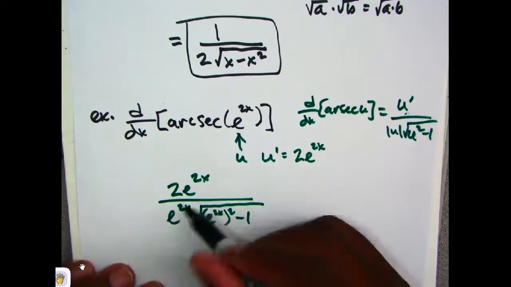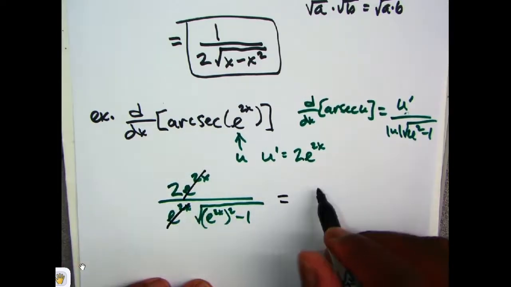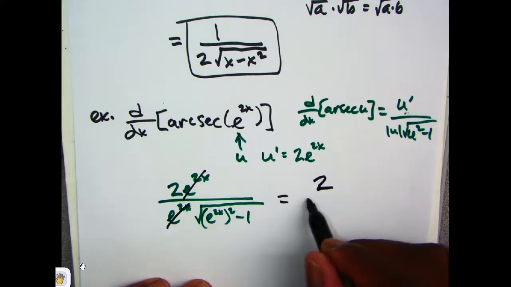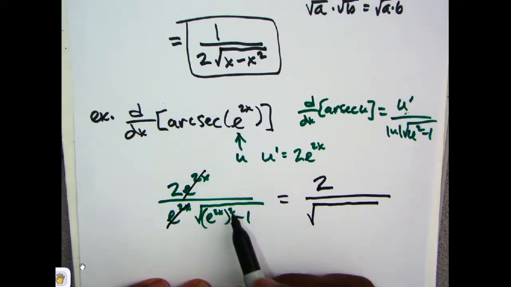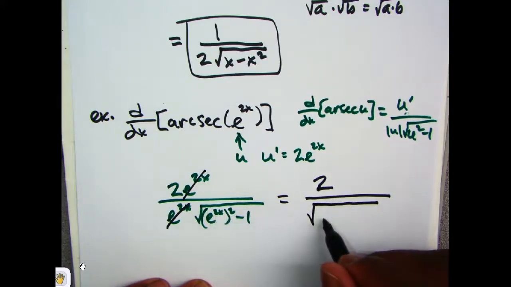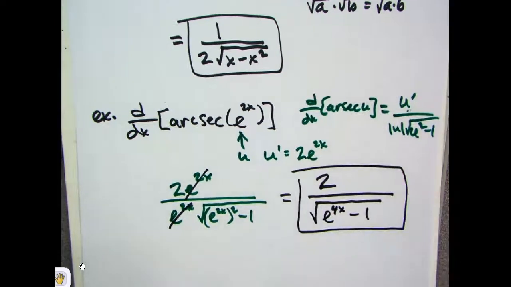So this 2e to the 2x divided by that e to the 2x is 1. So our final answer is going to be 2 divided by the square root of e to the 2x squared minus 1. Remember, when you have a power raised to a power, you multiply the exponents. 2x times 2 is 4x. So we're going to get e to the 4x and then minus 1. And that would be our answer.